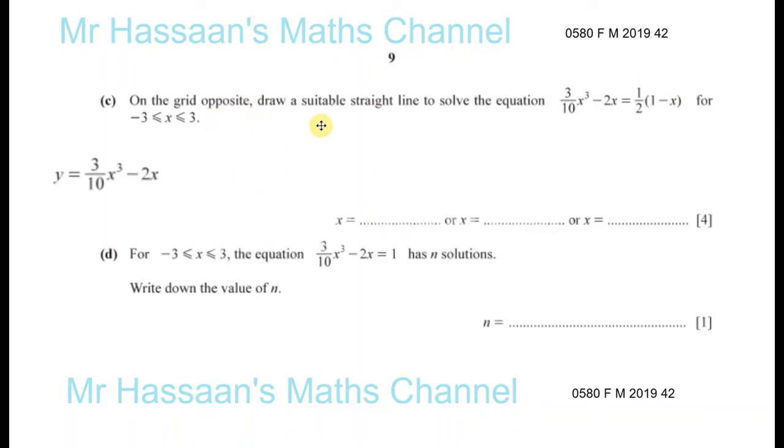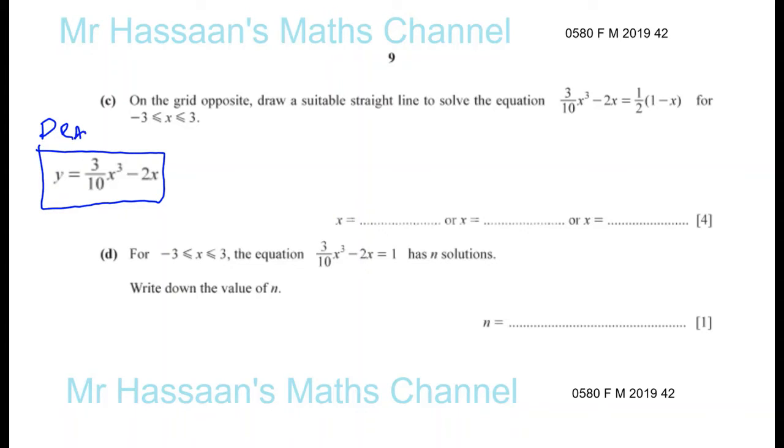Now, in order to solve an equation graphically using a graph, what you should always try and do is to make sure that what is drawn, which is y equals 3 over 10 x cubed minus 2x, this is what we drew on the other page.